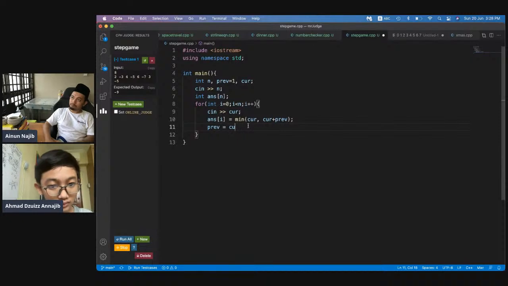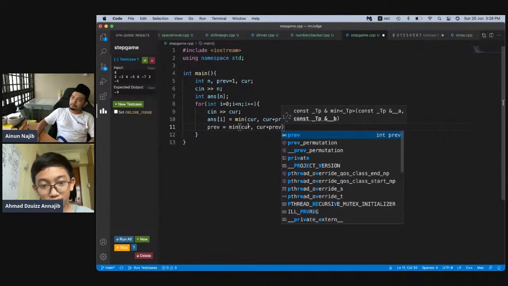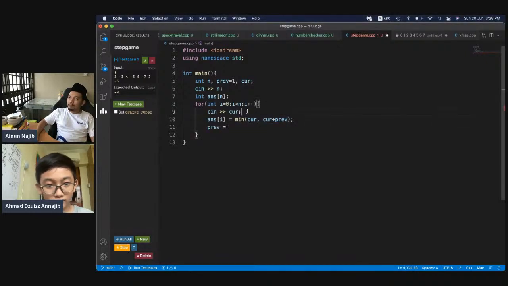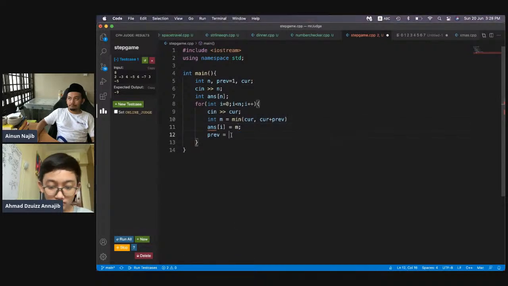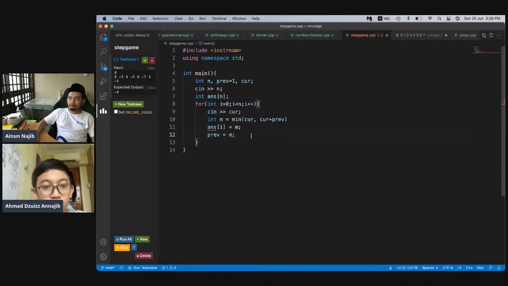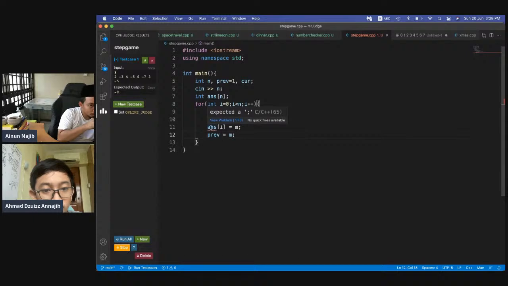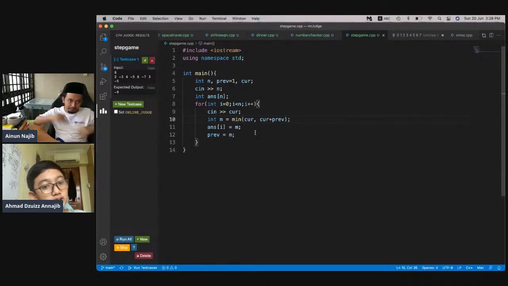No, no. Prev equals min of current plus prev. Wait, yeah.